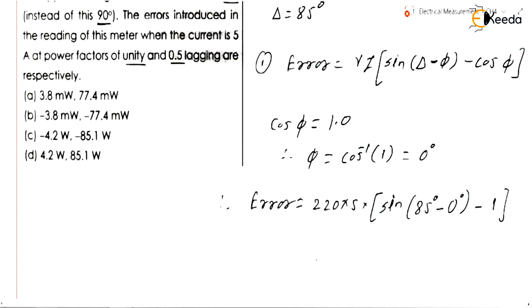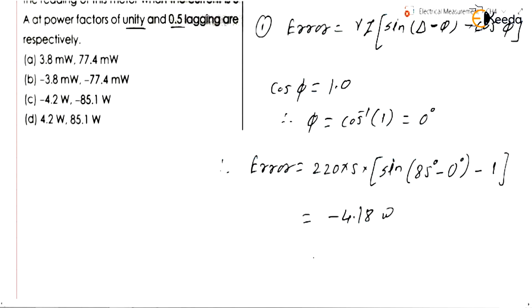So it is equal to 220 into phi into sine of 85 minus 1, which is minus 4.18 watt. Approximately it is minus 4.2 watts. This is the error for the first case.